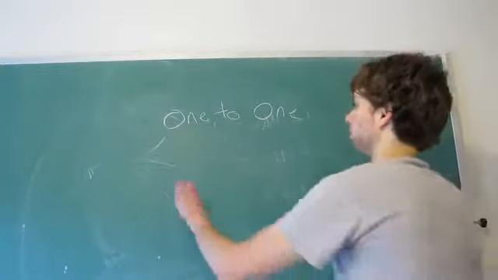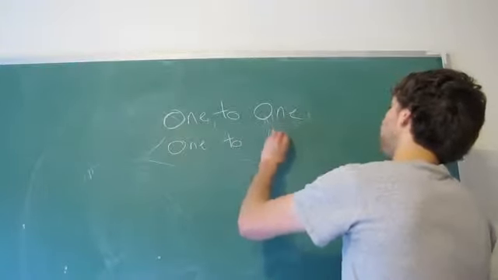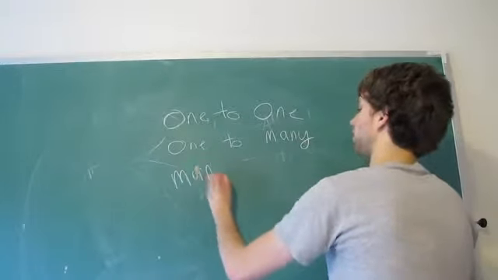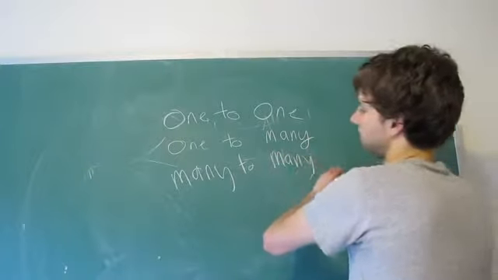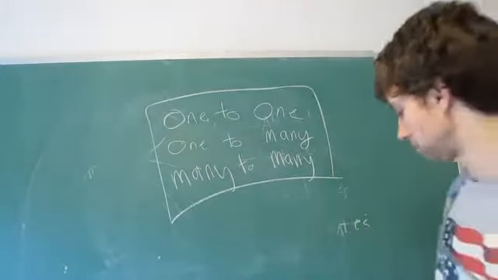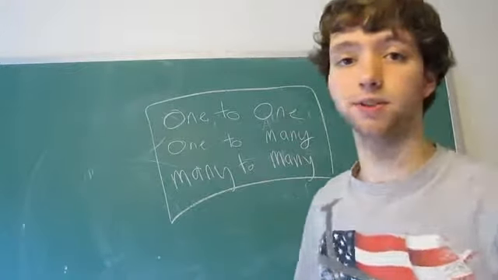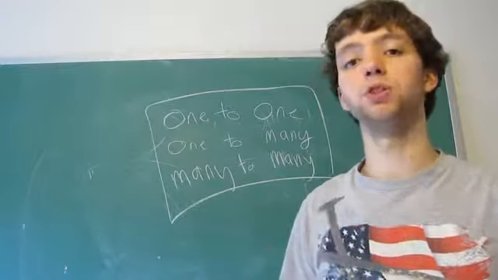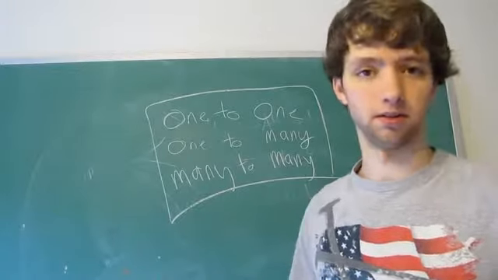There are two other ones: one-to-many, and many-to-many. Here are our three types of relationships, and we will be talking about each one of these individually in the next three videos. So hopefully you are interested in seeing those. This is when we really get started with actually designing databases.